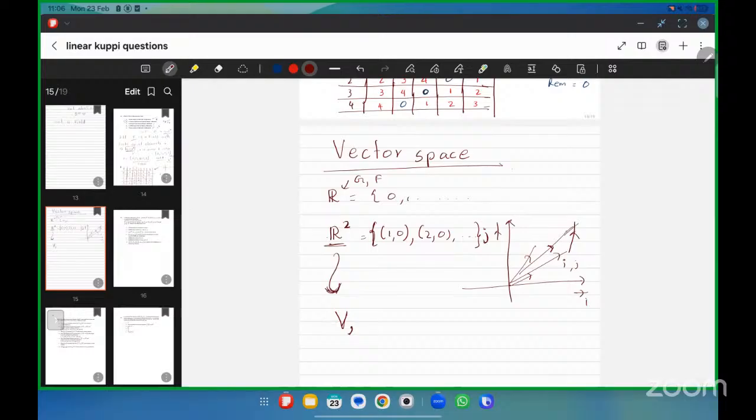Sorry, one set, like the real numbers. So for the vector space, I'm writing sharp and star. Sharp is vector addition, and star is scalar multiplication. It is not a vector multiplication, it's a scalar multiplication.